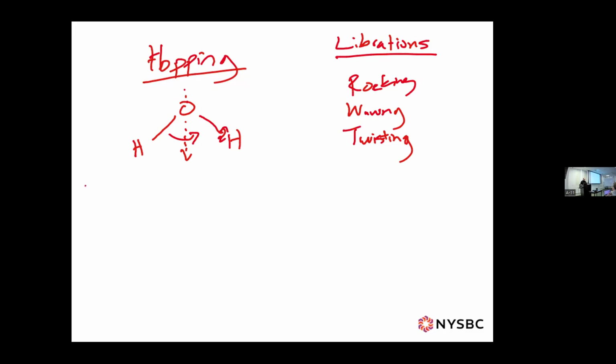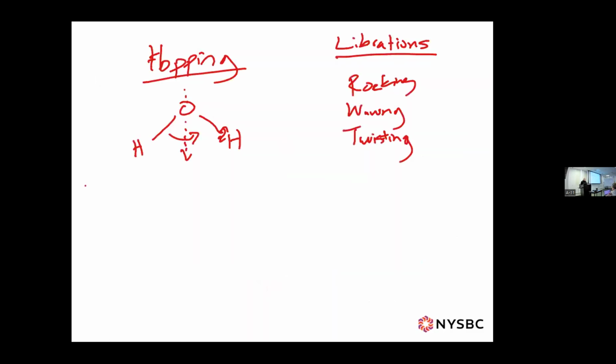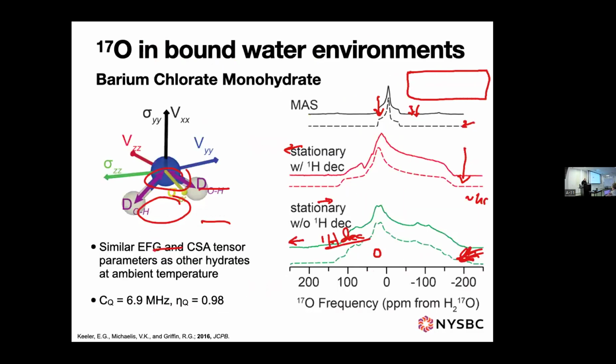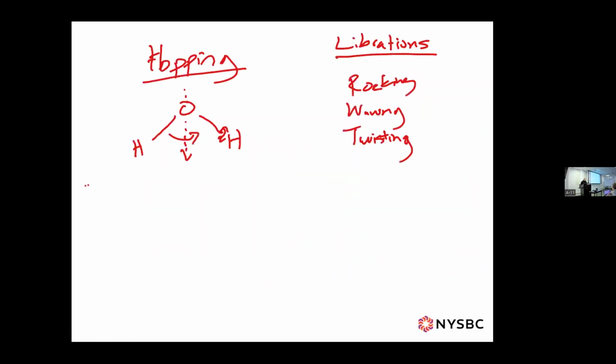I'll go back just for a second so that you can see where these are on the molecule. I can draw it out. Along this axis here, we have VXX.